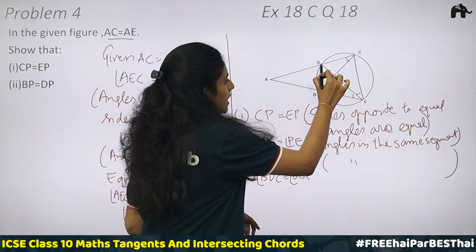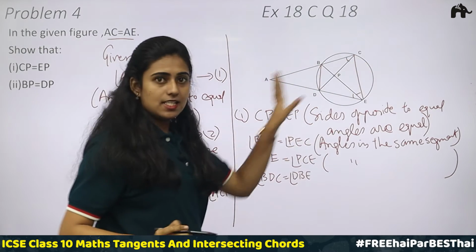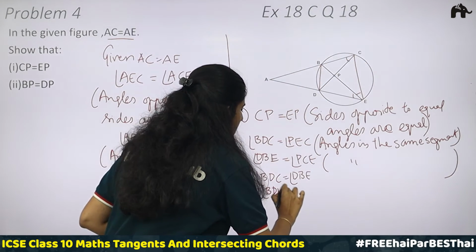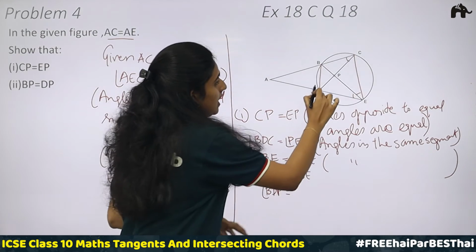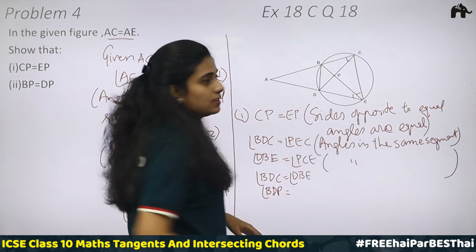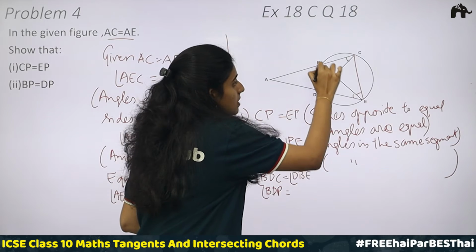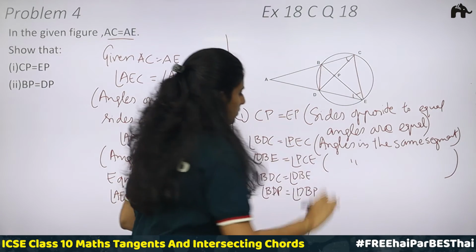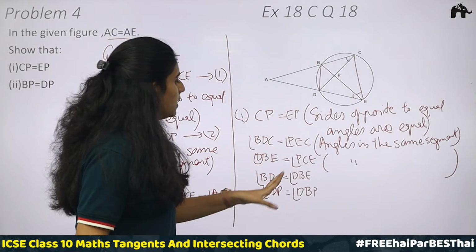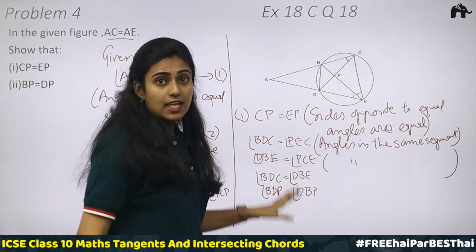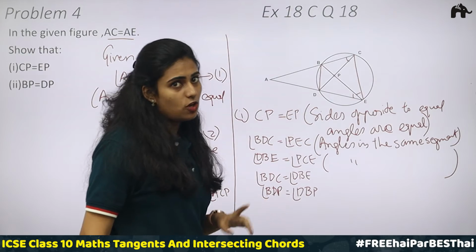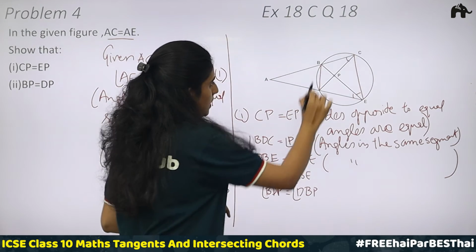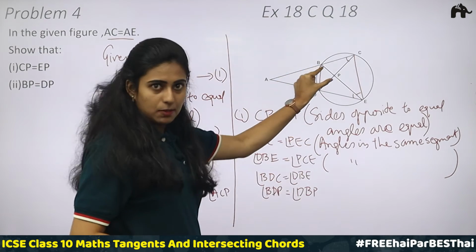BDC can be written as BDP. Yes, BDP is equal to DBE, and DBE can be written as DBP. They are the same angles. If BDP is equal to DBP, then the sides opposite to them should also be equal. Opposite to angle BDP, we have side BP.